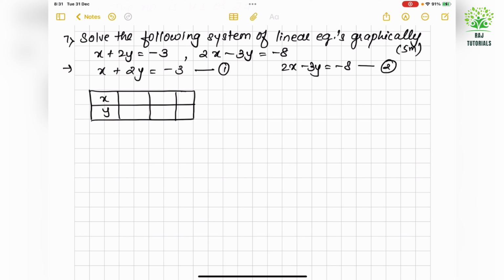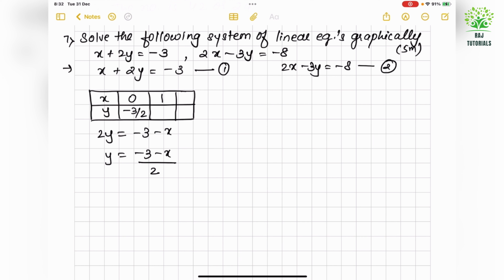So for this I can say 2y equal to minus 3 minus x. So y will be (minus 3 minus x) upon 2. If I put 0 as x, the answer will be minus 3 by 2.